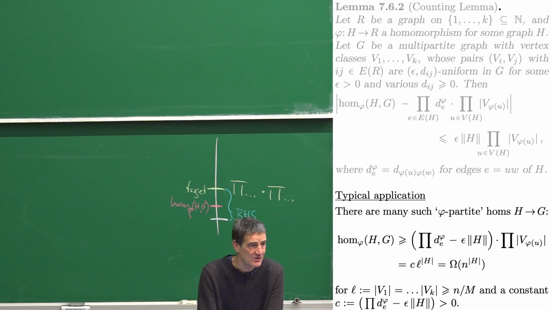Now, that's not something you can assume. When you feed an arbitrary graph to the regularity lemma, it will return some epsilon regular or epsilon uniform partition, but it will choose its own densities.